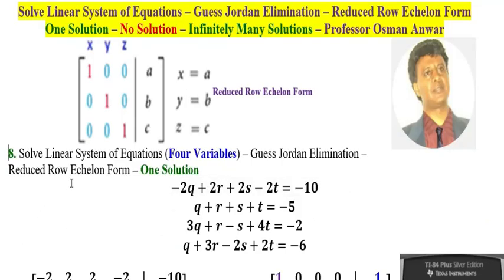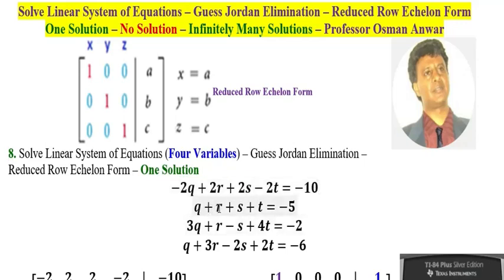Number 8, solve linear system of equations, 4 variables, Gauss-Jordan elimination, reduced row echelon form, 1 solution. And the system of equations are minus 2q plus 2r plus 2s minus 2t equals minus 10.